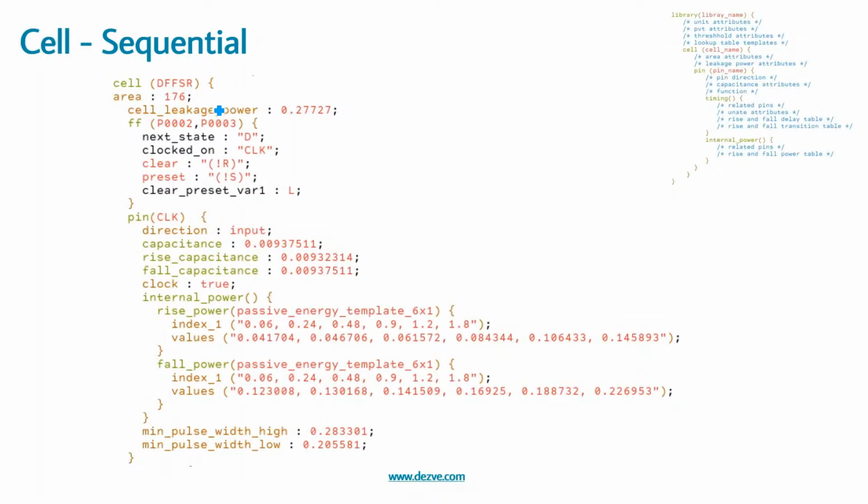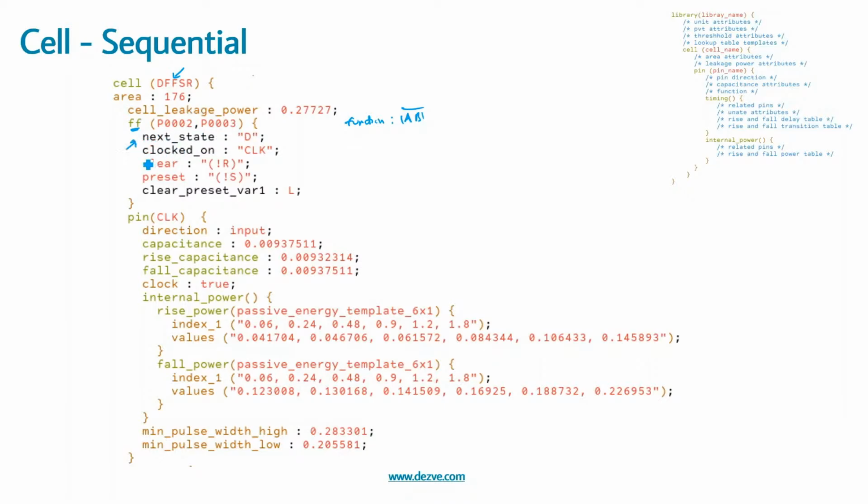Now let us see the Liberty format of this. Our D flip flop is called DFF SR, D flip flop set reset. How do we know it's a D flip flop? In case of a combinational circuit, we had a function which used to specify a b bar or something like that. In this case, it's mentioned like this: ff is a flip flop, and then we have next state.